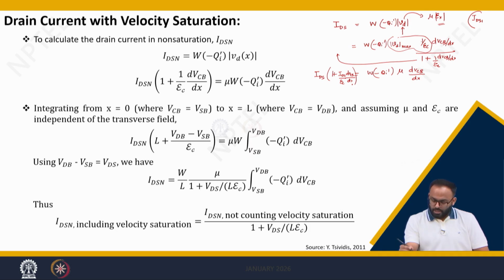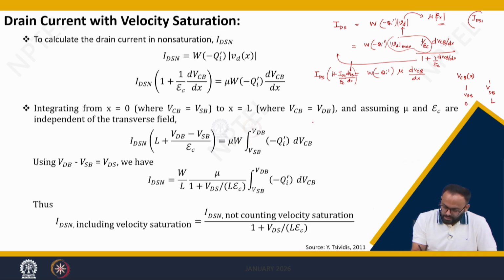So I have two variables, one is dVCB or VCB, which varies as a function of x with two limits, VSB at the source side and VDB at the drain side, and x having a limit 0 here and L here. So I can do the integration as IDS is equal to W into minus Qi dash into mu into dVCB divided by dx minus IDS divided by Ec into dVCB divided by dx.